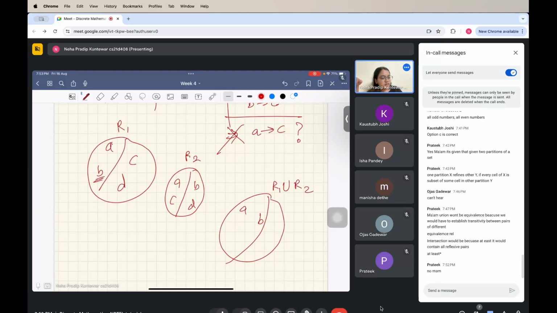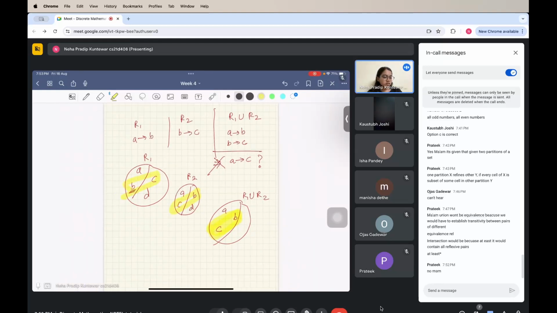Then you look at this A and C, so C is related to A in R2, so you put it here. But now this pair BC that got created is not related in R1, it's not related in R2, so you would not get this pair in R1 union R2, and therefore it would violate the transitivity part. So this is a simple counter example for this.